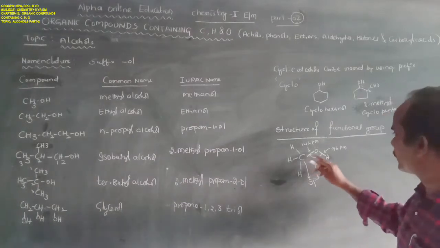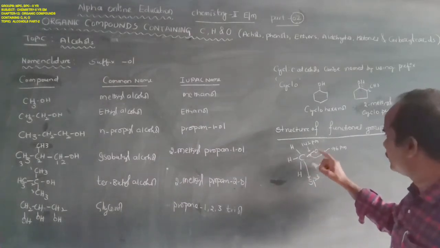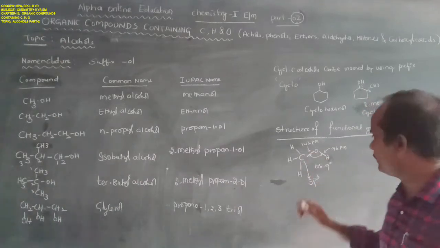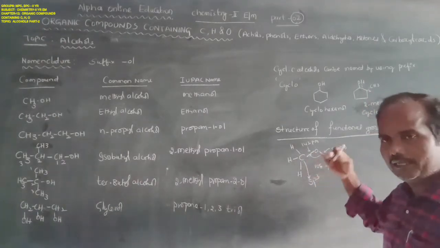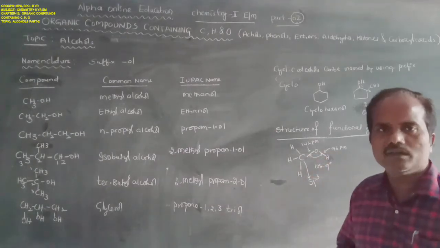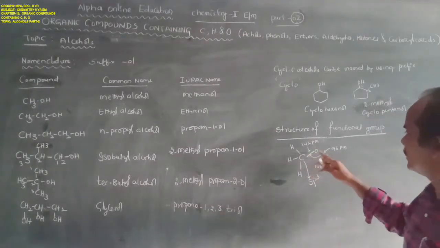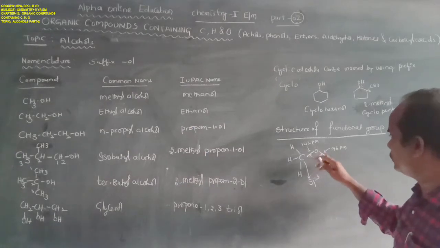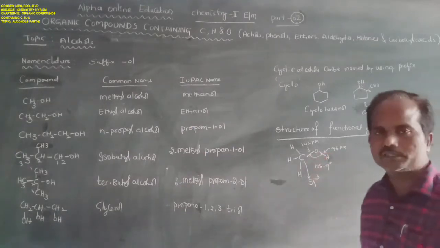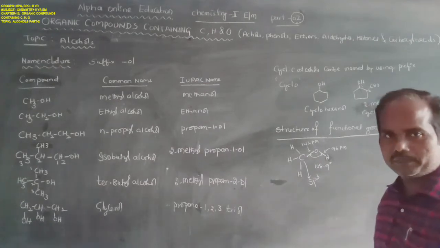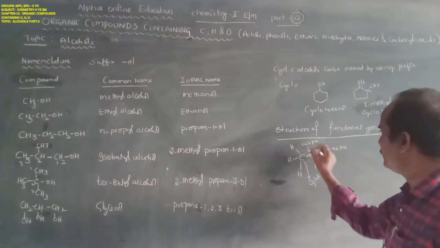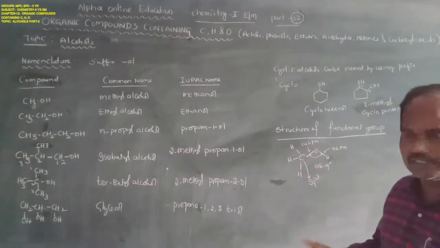But in the carbon-oxygen bond, although both are involved in sp3 hybridization, the bond length is less when compared with the C-C bond length. The reason is that these are two different atoms, one is oxygen and the other is carbon. Because of the high electronegativity, the bond length is decreased when compared with C-C.